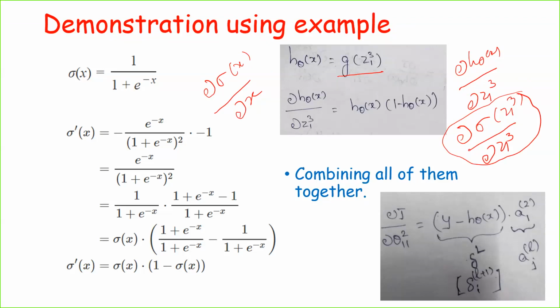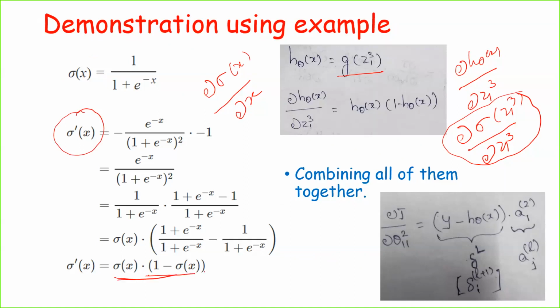Okay. Fine. So it is equivalent to taking the derivative of sigmoid of x with respect to x. When you take the derivative of sigmoid of x with respect to x, we call it sigmoid dash of x, and that is equivalent to sigmoid of x times 1 minus sigmoid of x.